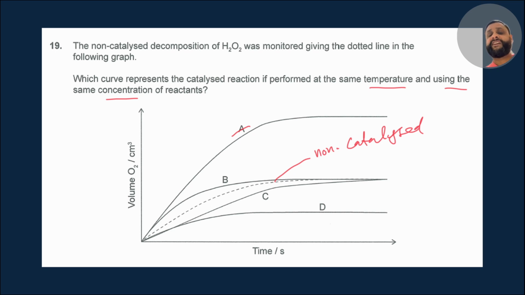Same volume of oxygen is produced and the rate of reaction is a lot quicker. C is not right because the rate of reaction is slower compared to the dotted line, it is less steep. D is not right because half of the volume of oxygen is produced, so B is the correct answer.